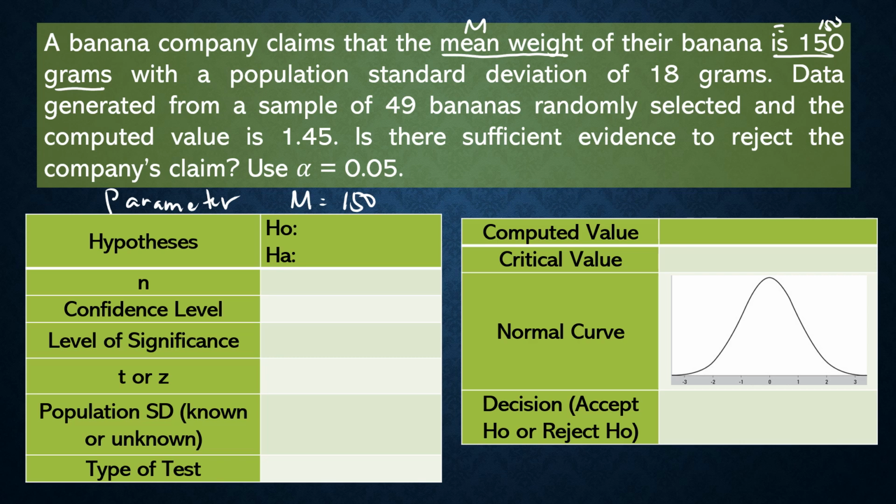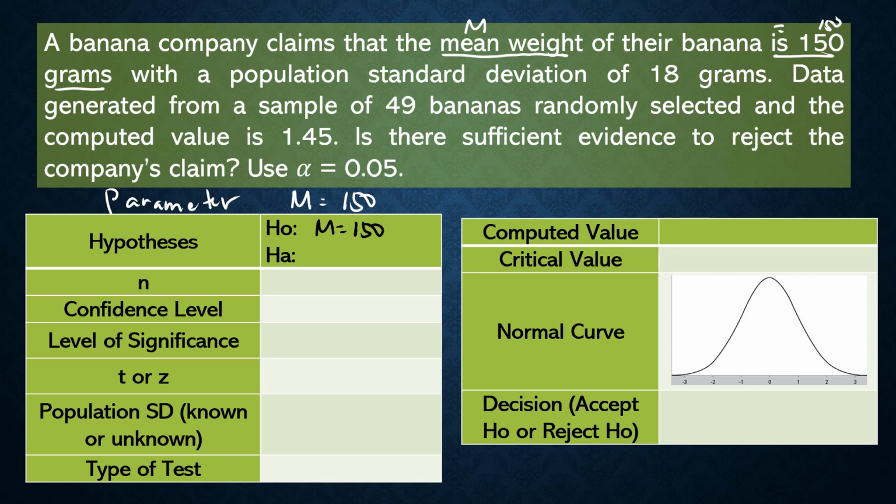Now, in order for us to identify the null hypothesis, always remember, once you say null hypothesis, there exists no difference between a parameter and a specific value. That's the reason why, for the null hypothesis, we always use an equal sign. And for the alternative hypothesis, we have three signs: greater than, less than, or not equal.